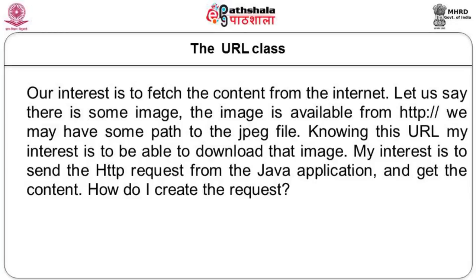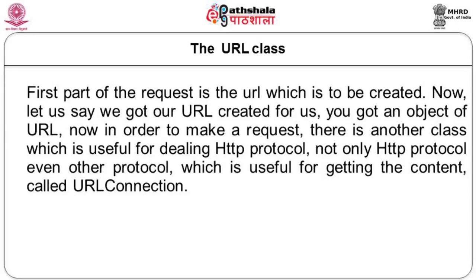If I know that URL, my interest is to be able to download that and copy it to my place. It could be an image that I'm looking for, or it could be any other kind of thing. My interest is to send an HTTP request from a Java application and get the content. How do I create a request? The first part of the request, yes, there has to be a URL which is to be created.